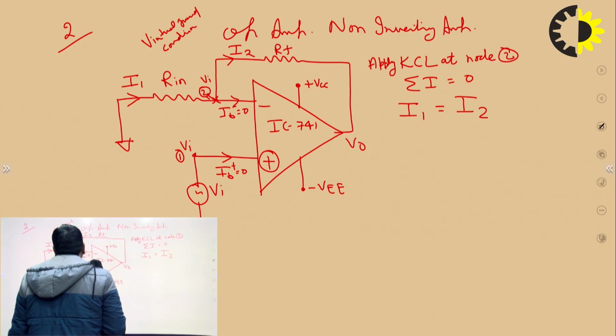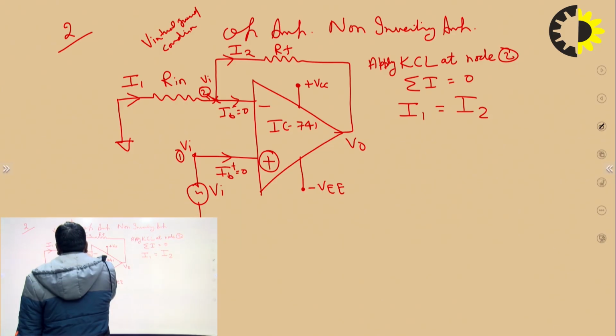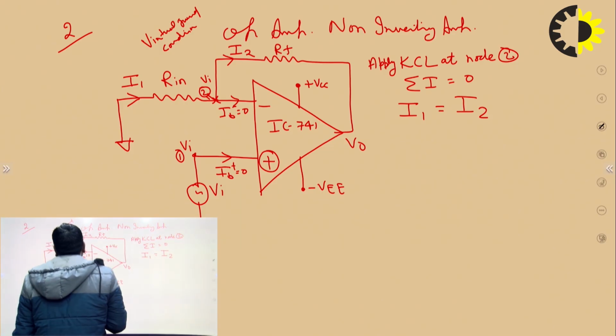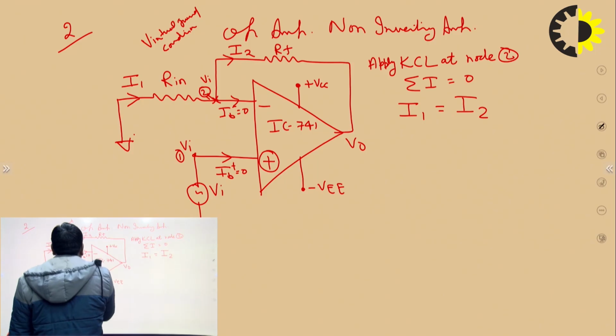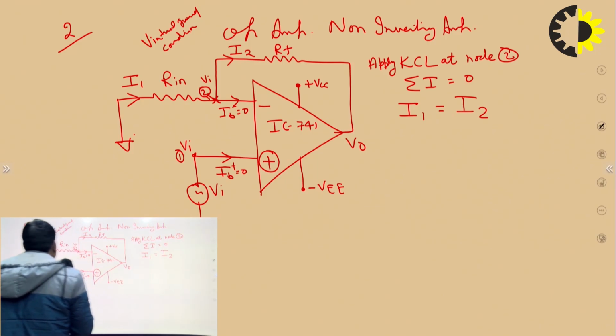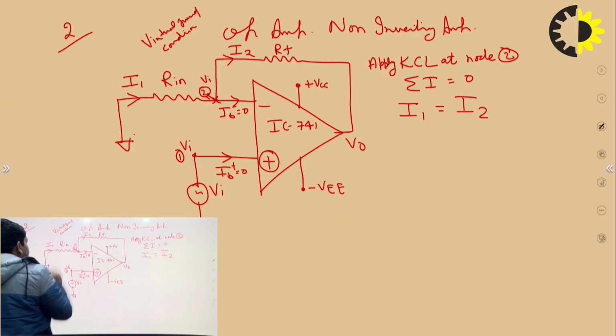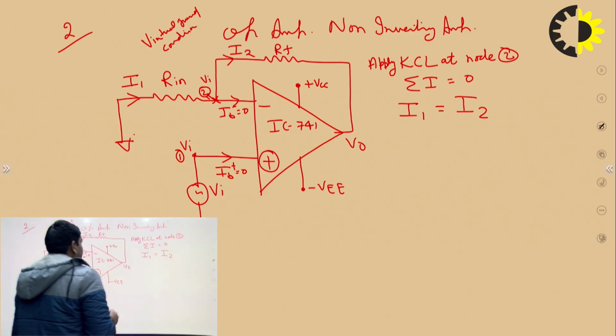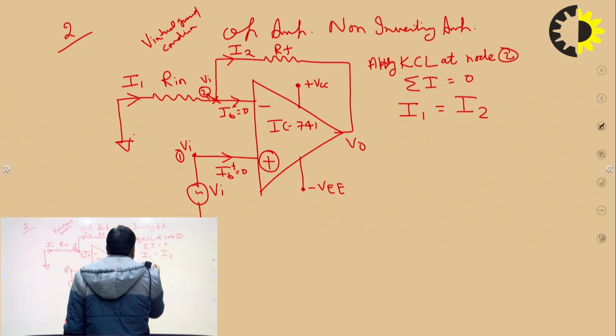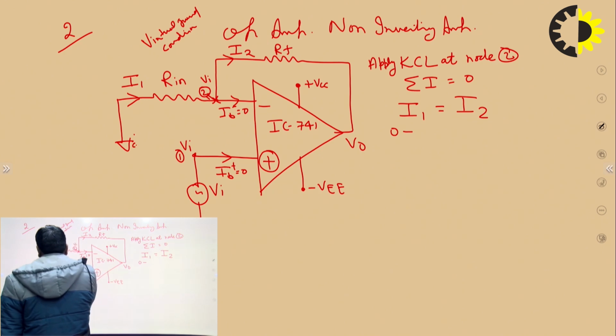I1 is equal to I2. In that loop, if this is the higher potential, we assume the current direction is from this to this. So what is I1? I1 is the potential difference upon resistance. So I1 is 0 minus Vi, because this is 0 volt.